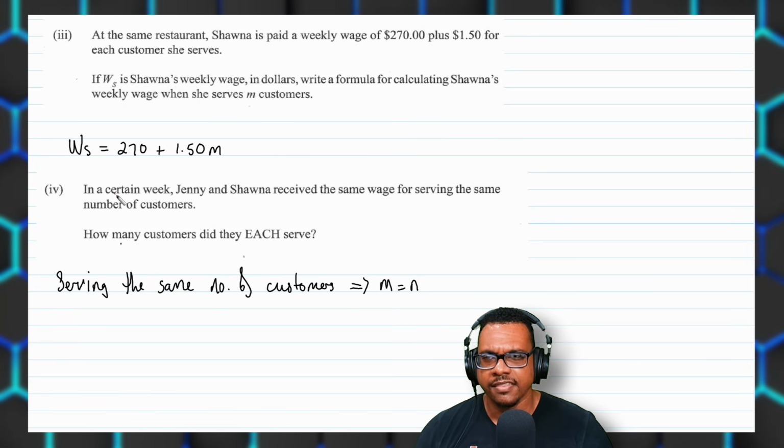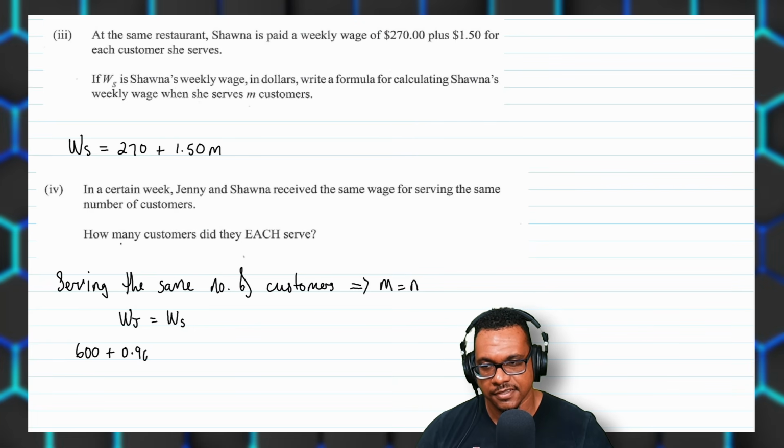Now, they're saying that Jenny and Shauna received the same wage. So what that means is the weekly wage for Jenny is equal to the weekly wage for Shauna. Now remember, Jenny was 600 plus the 90 cents times N. And for Shauna it's 270 plus the $1.50 times M. And since the number of customers is the same, this M is equal to this N. So you can use any symbol you want.